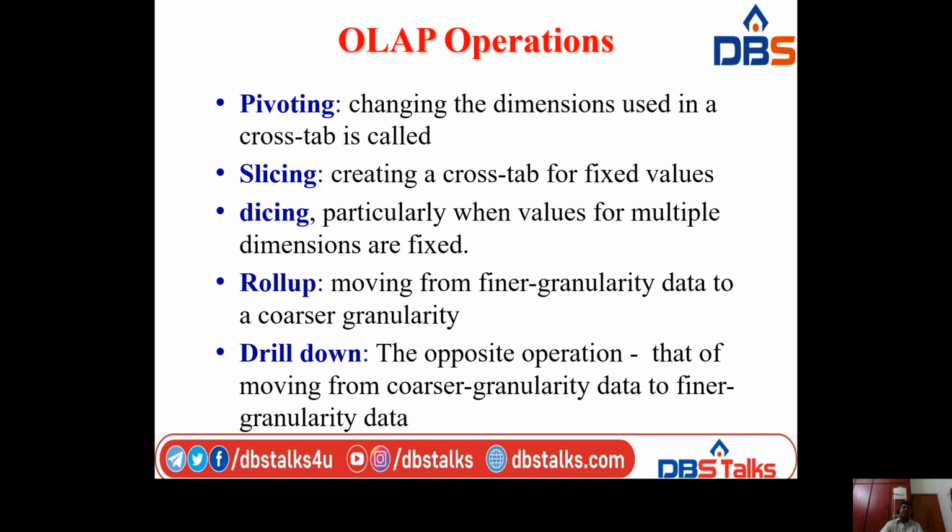Pivoting is the process of changing the dimensions. Sometimes we can reduce the dimensions or keep them as they are. By using the pivoting concept, we specify or change the dimensions of the cross tab. That concept is called pivoting.